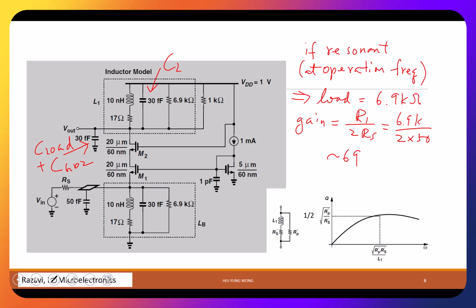Which is too large. We don't want that for the low noise amplifier. One reason is that when you have large gain, you run into distortion. This is something we did not study. All this is supposed to work in small signal, but of course we want to increase the power, increase the range. When your gain is too large, you will run into distortion. It won't be linear.